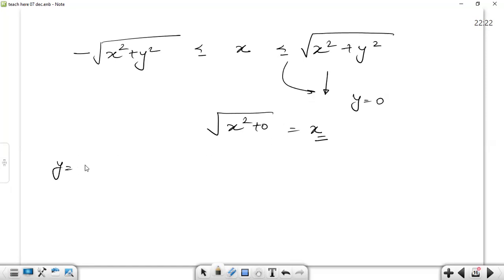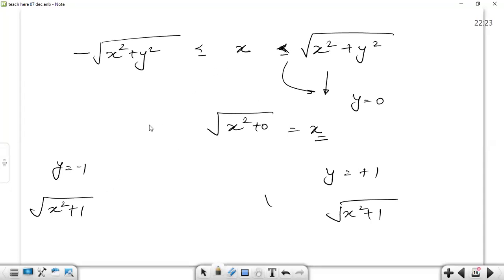If we take y equal to minus 1 and y equal to plus 1, let's check what happens. If we take y equal to minus 1, it will become square root of x square plus 1, again, because minus 1 square is plus 1 only. Even if 1 was not here, it has to be equal to x, not less than that. And if something is getting added, it's definitely becoming more, not less.